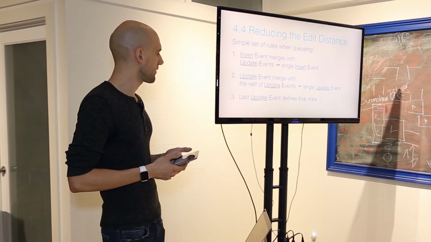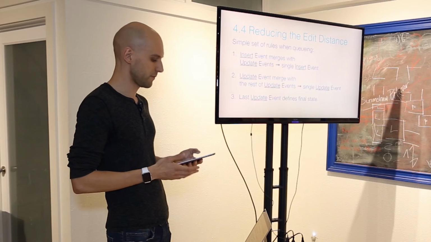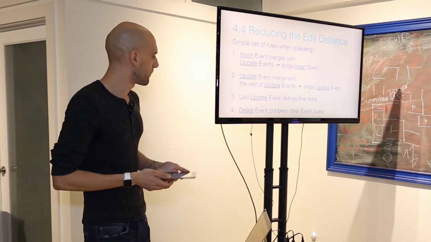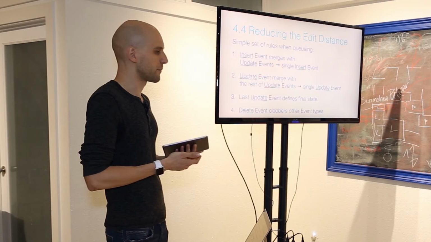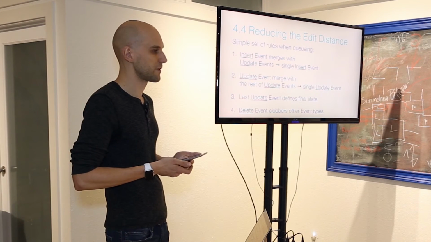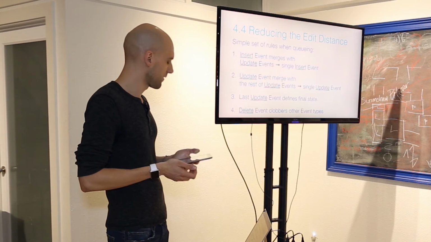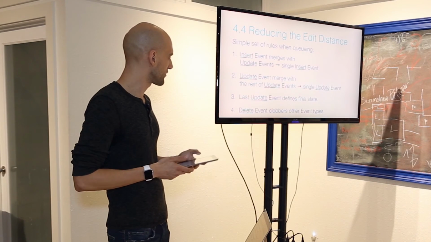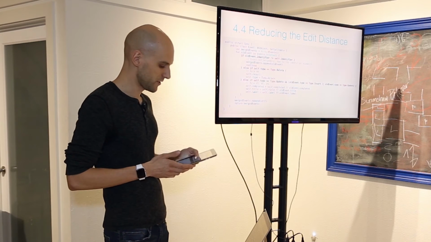And with that in mind, the last update event actually defines the final state of those properties that we just mutated. And if there's a delete event in the queue, it basically clobbers the rest of the updates or inserts, because you don't have to keep everything to reconstruct a deletion. And this is a very simple implementation of how to squash these changes.